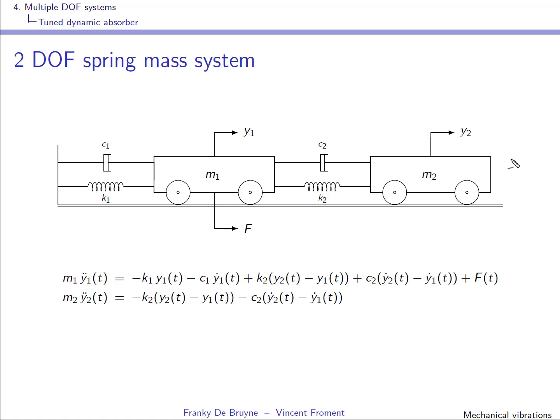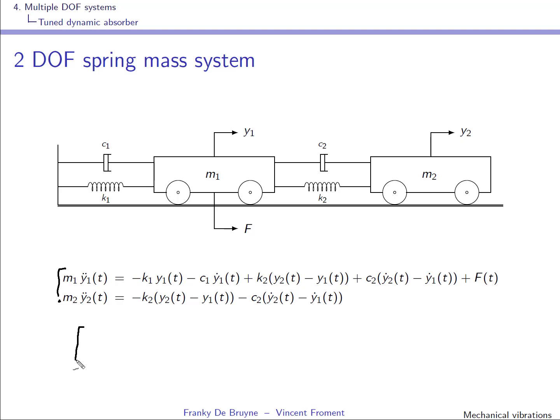Here we have the equations, but as an exercise I'm going to do it with you and work with this approach that we have seen previously, with this second order differential matrix equation.